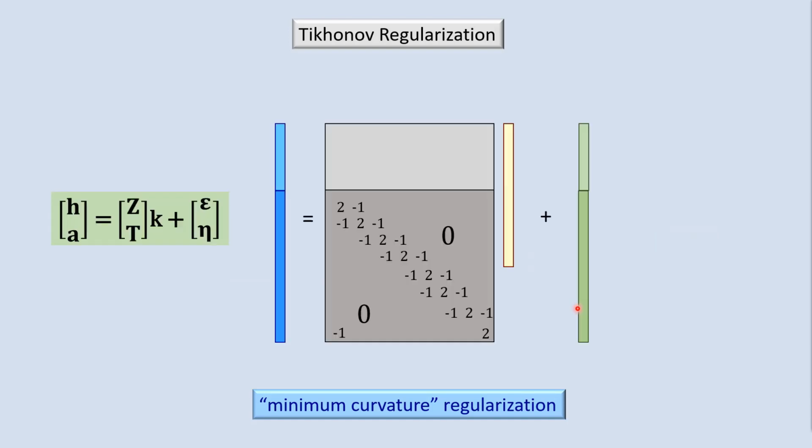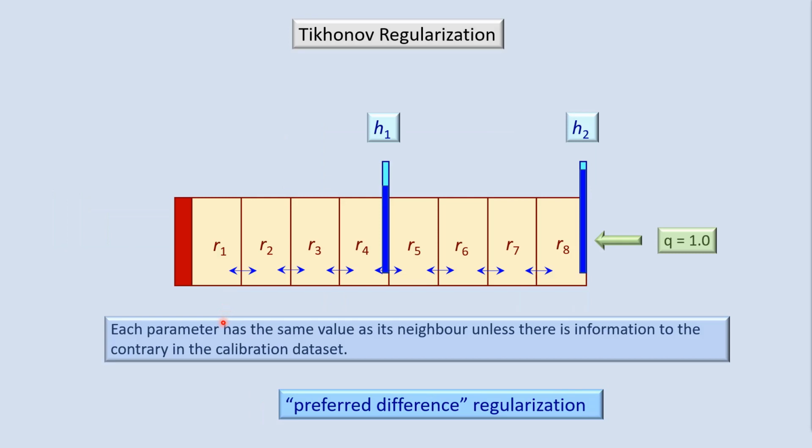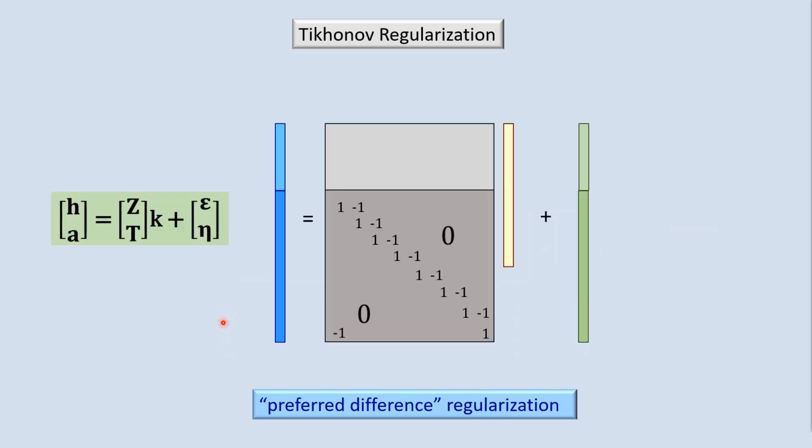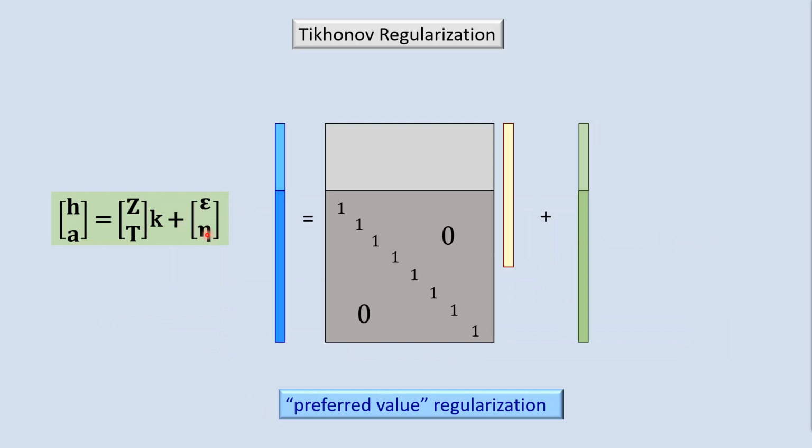Now, this eta vector here has a similar role to measurement noise. Regardless of whether we are using minimum curvature, preferred difference, or preferred value, there is an eta in this equation, whereby we recognize that these values or conditions that we apply through our Tikhonov constraints are not absolutely rigid conditions, they're suggestions.